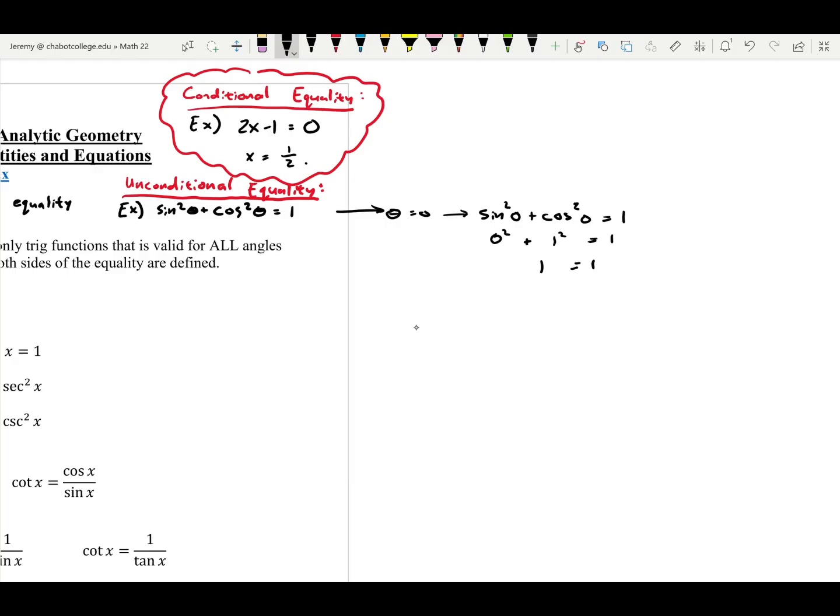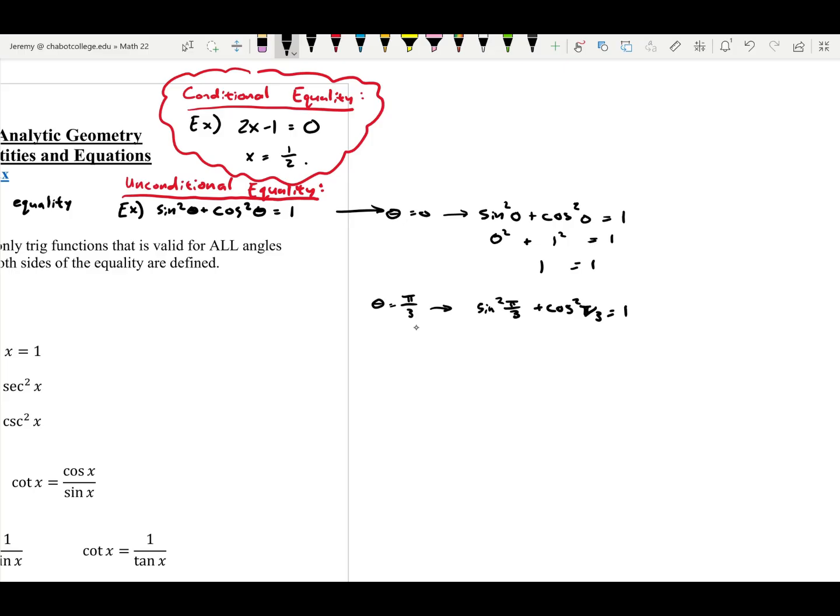What if I put in a different value of theta? How about theta equals pi over 3? Sine squared of pi over 3 plus cosine squared of pi over 3 should also be equal to 1.